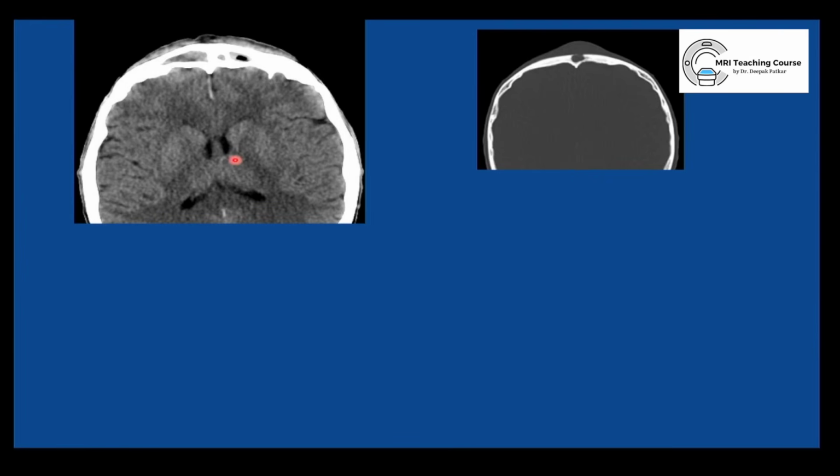Now what do you have here? You have opacification of the frontal sinus and you have a lesion here which is in the scalp, frontal scalp area. Bone window shows you a focus of erosion in the anterior wall of the frontal sinus with a big bump here.